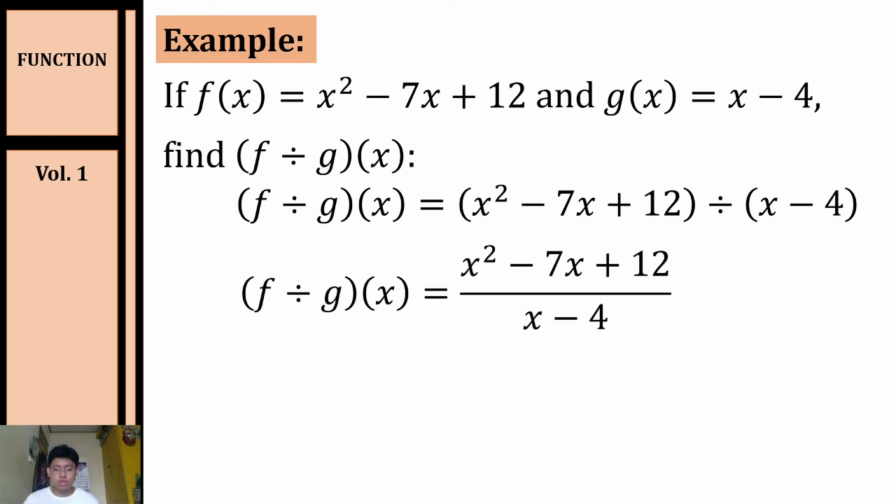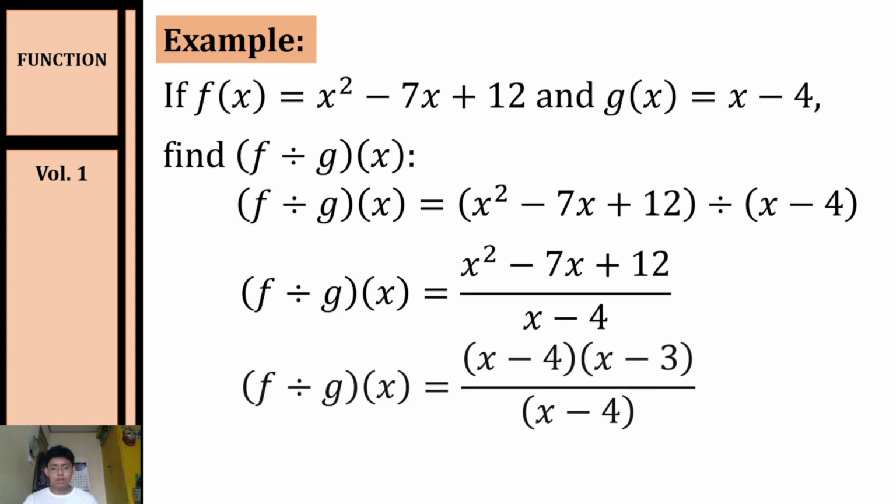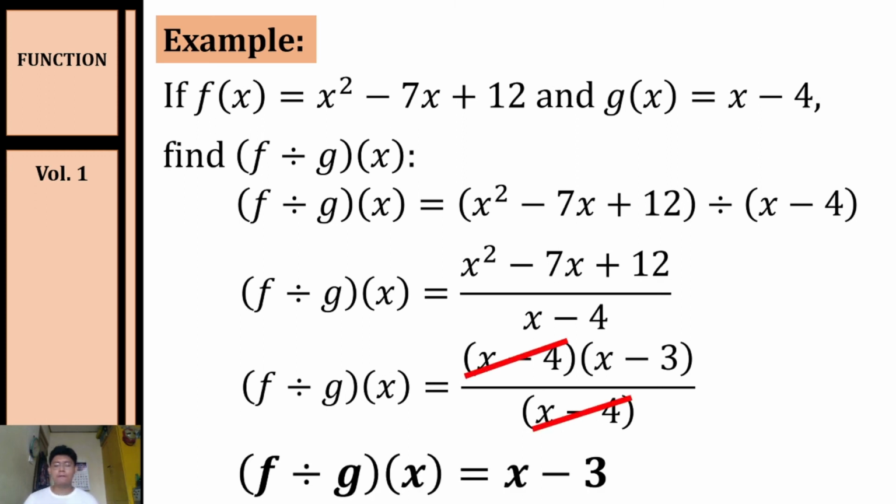We will have x squared minus 7x plus 12 all over x minus 4. And let's apply simplifying rational expressions. Let's factor our numerator. And the factor of our numerator will be x minus 4 and x minus 3. Then, let's apply cancellation. We can cancel x minus 4. Therefore, the quotient of our f of x and g of x will be equal to x minus 3.